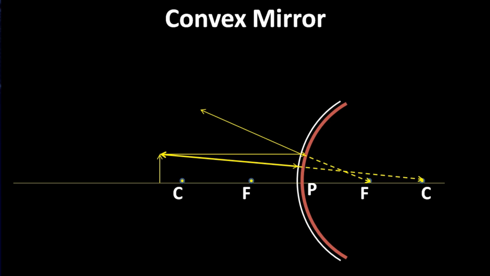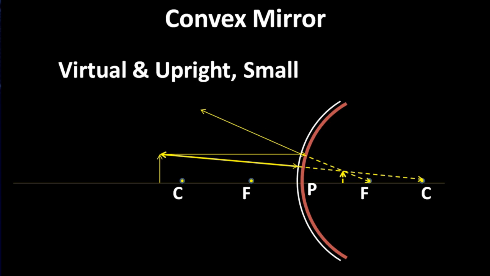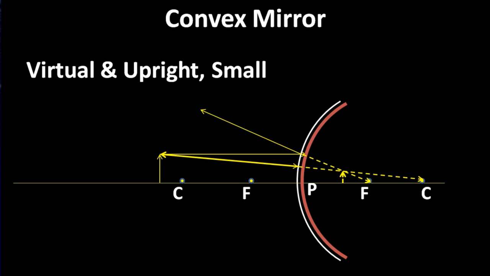The two extended rays meet at a point where a virtual, upright and smaller image is formed. So for all the positions of the object in a convex mirror, we get a virtual, upright and small image only.